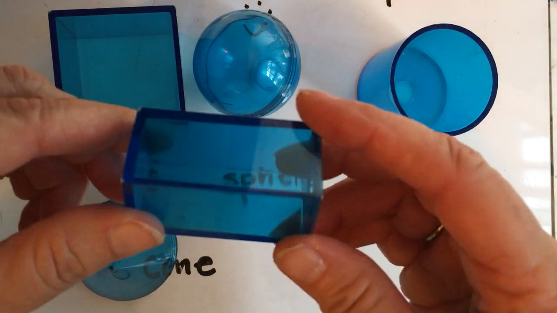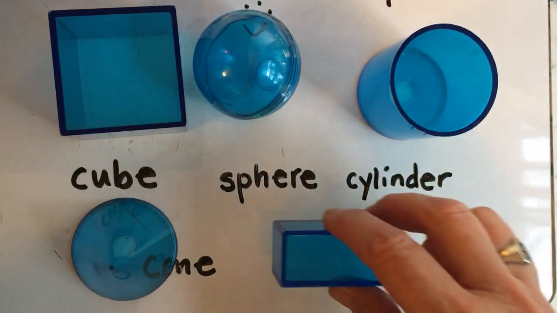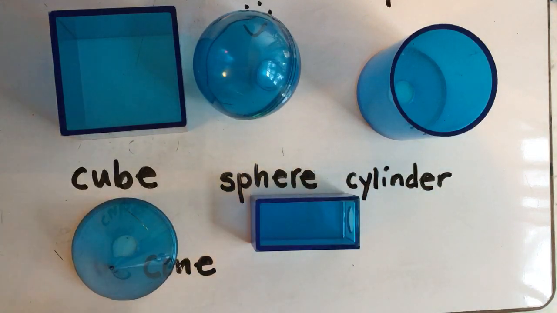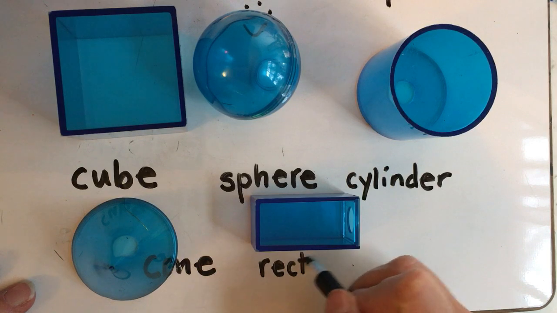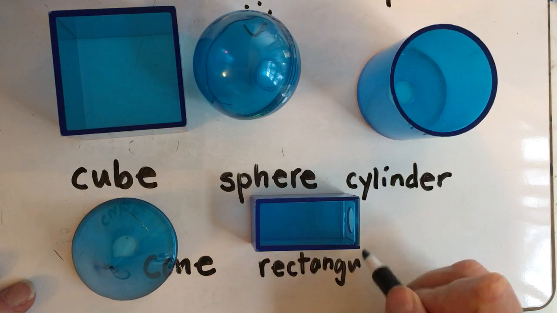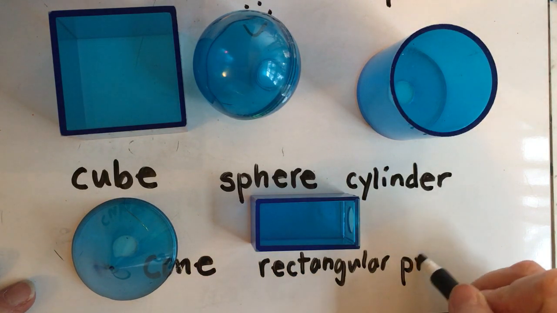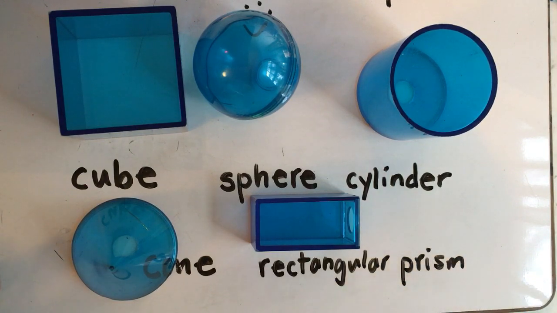So this one is going to be named for that rectangular shape, and it's called a rectangular prism. How's that for a weird word? Prism. Don't usually ever see an S and an M together at the end of a word. Very rarely. Prism. So a rectangular prism.